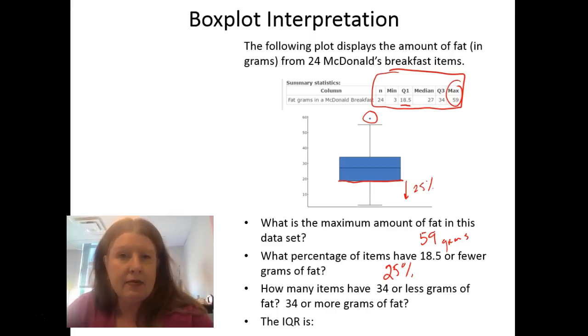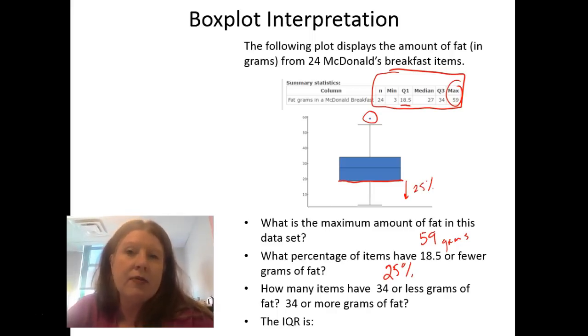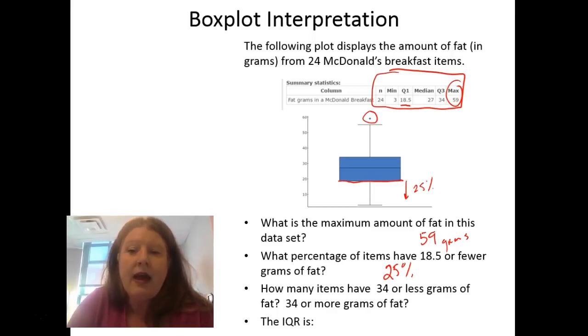How many items, so we're looking not for a percentage but a number, how many items have 34 or less grams of fat, or 34 or more grams of fat? So 34 is quartile 3. Here's quartile 3.